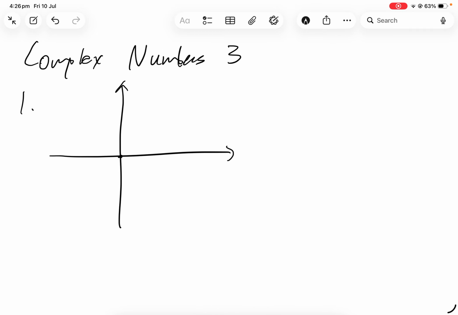Okay, let's see. O is here. I'm going to draw a regular hexagon.